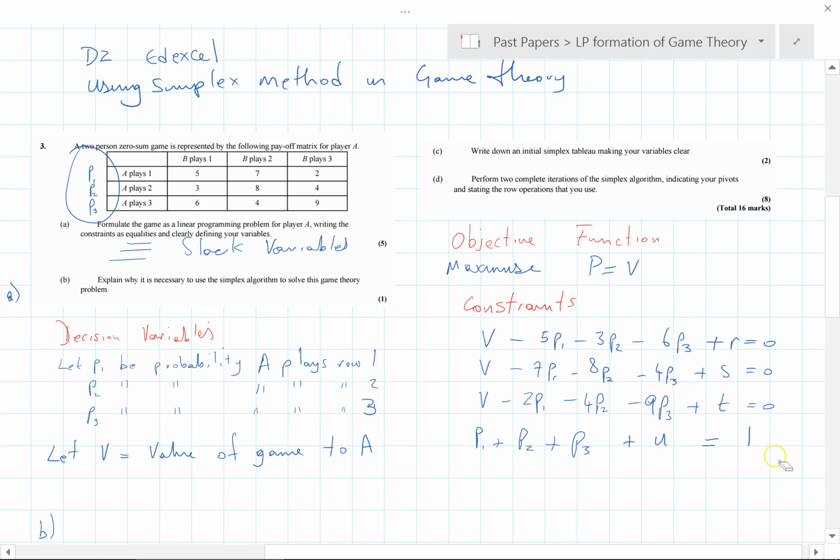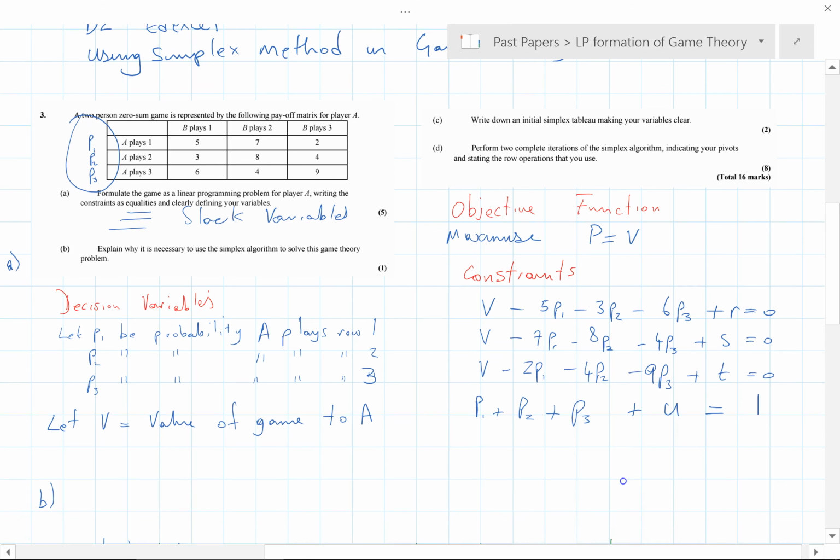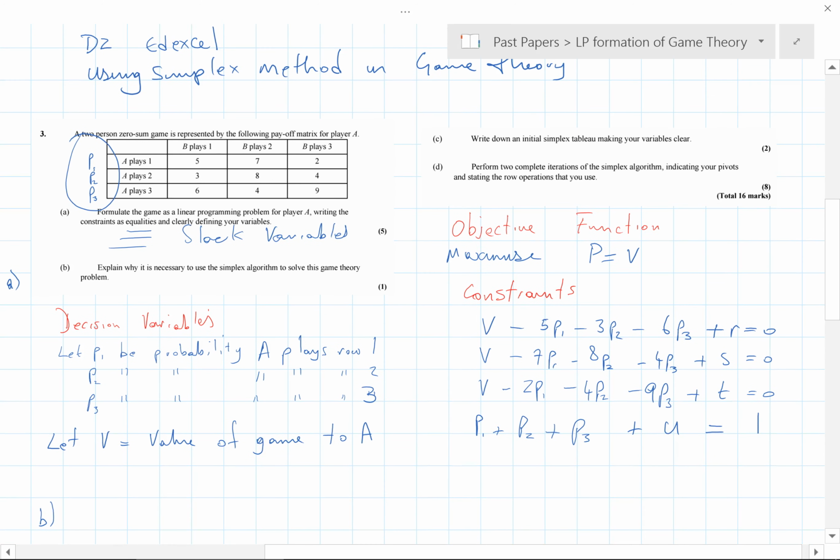So we replace it with this much looser statement, less than or equal to 1, so that we can set it up as a linear programming problem, and then change that inequality to an equality with a slack variable u: p1 plus p2 plus p3 plus u equals 1. Right, now, don't forget the other important stuff, non-negativity. P1, P2, P3 are greater than or equal to 0.